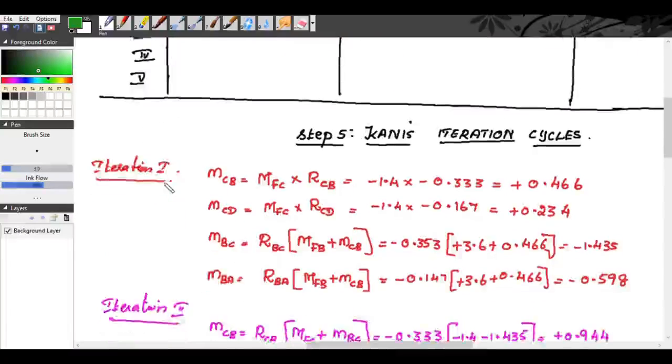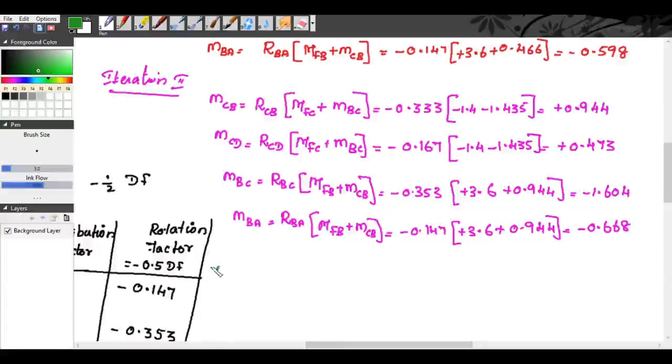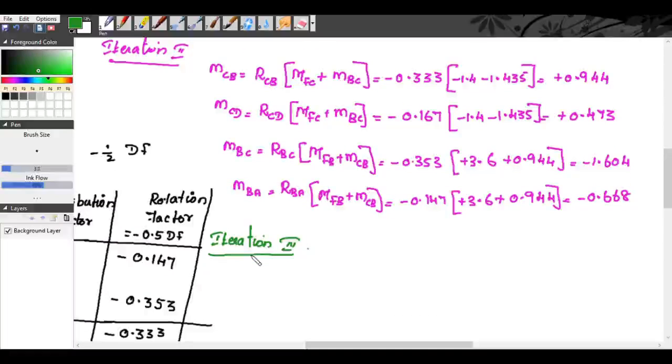So iteration 3, the same procedure, the formula is the same, but only thing, RCB is not going to change. These things do not change. This is also fixed. Now MBC changes. For here it is minus 1.435. For the third iteration for MBC, you have to use this value, that is minus 1.604.